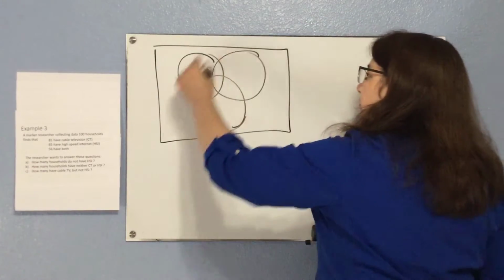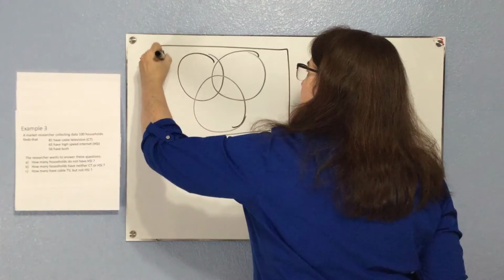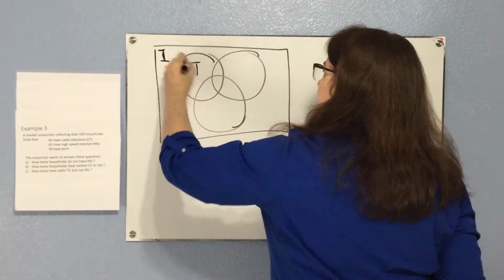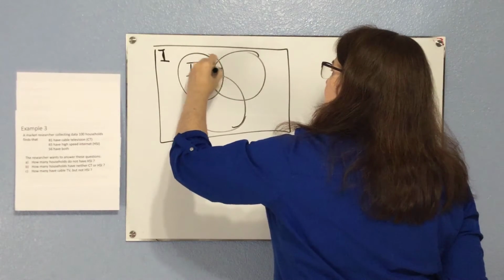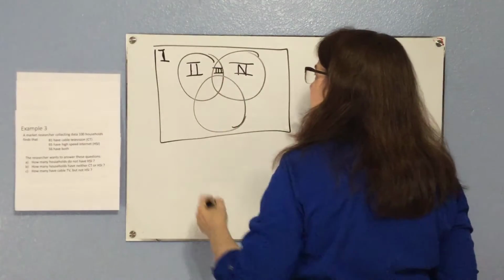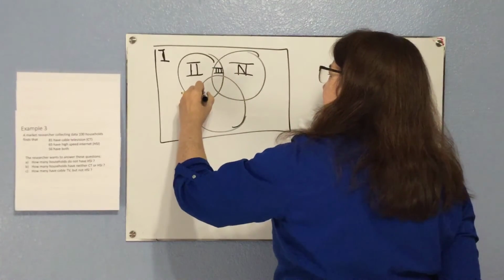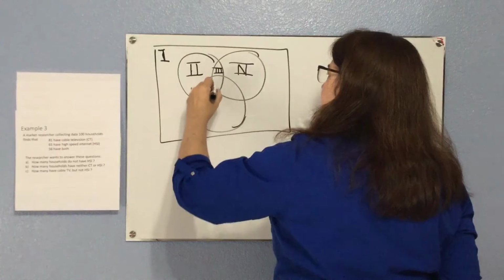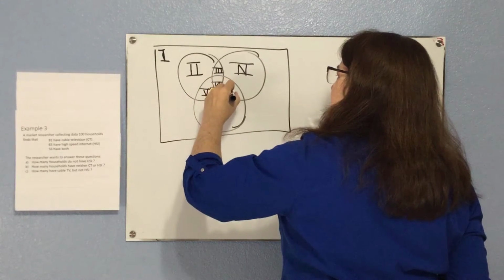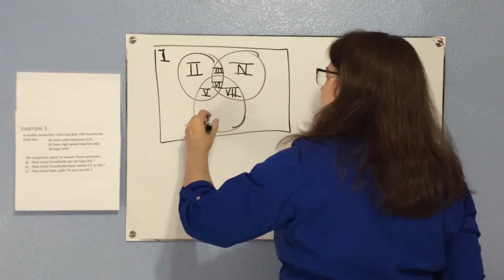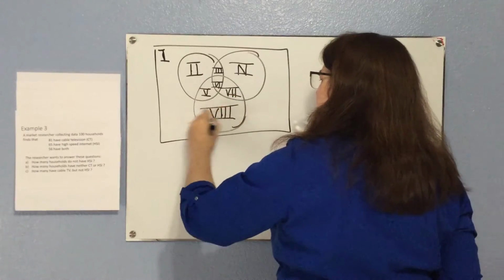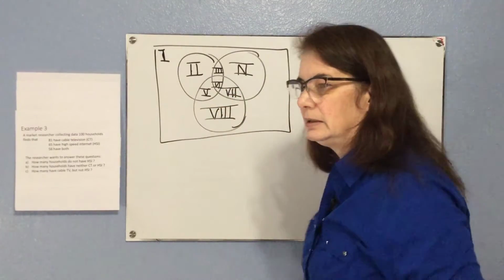So I'm going to call the whole universal set region 1, and then we'll go right across the top, region 2, region 3, region 4, and then across this middle section, region 5, region 6, region 7, and then finally this one, region 8.